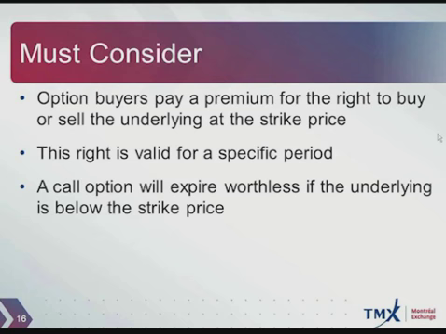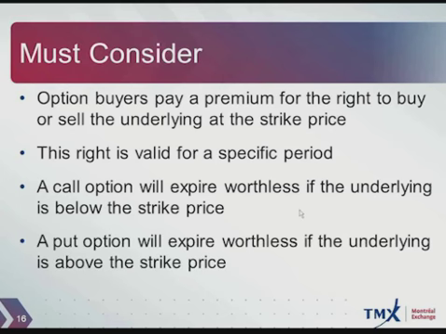All right. So let's continue. We want to understand that a call option will expire worthless if the underlying security is below the strike price. The time value will run out, and if there's no intrinsic value, then the option is going to be worthless and the premium will go to the option writer. A put option will expire worthless if the underlying security is above the strike price purchased.